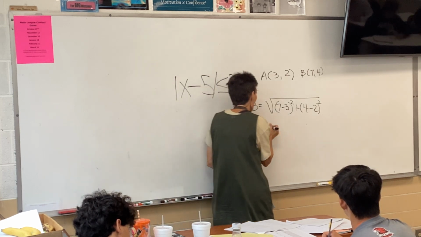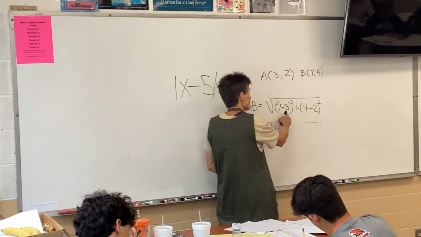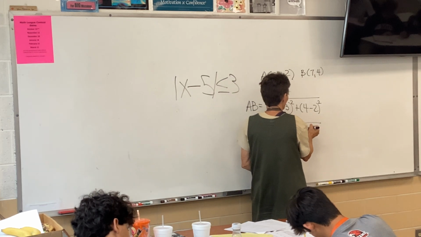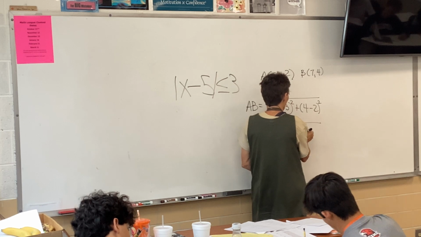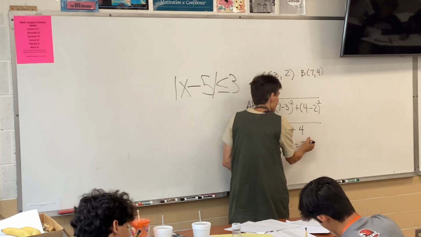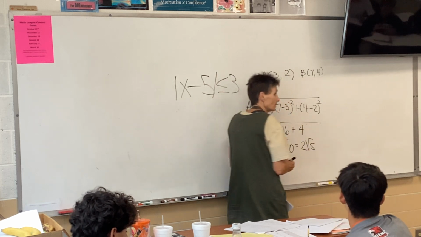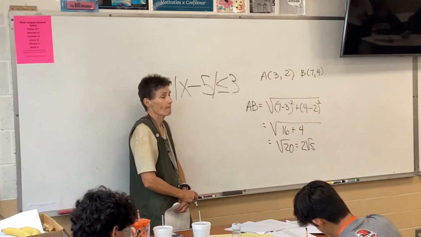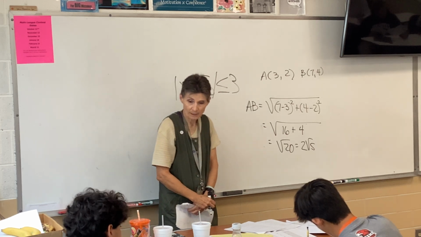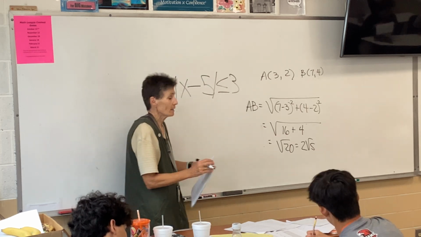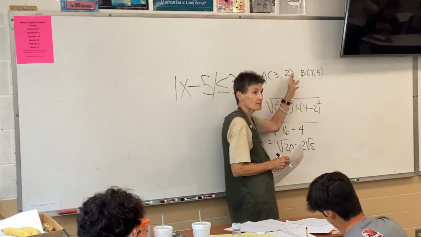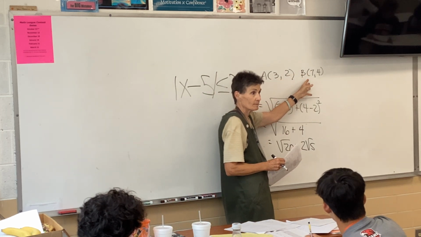So now I'll do math. So what have I got? 7 minus 3 squared is 16, and 4 is the other. I got root 20, which is 2 radical 5. That is what goes in the answer blank for letter A, because that's the distance from A to B.